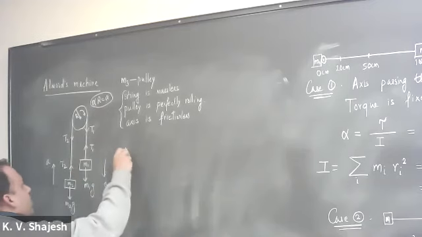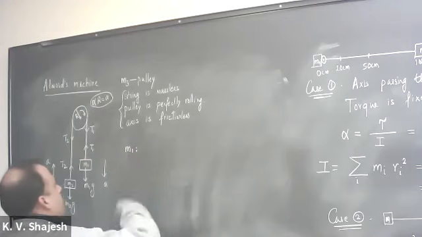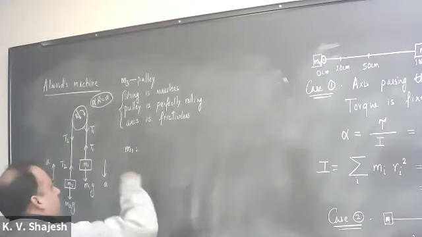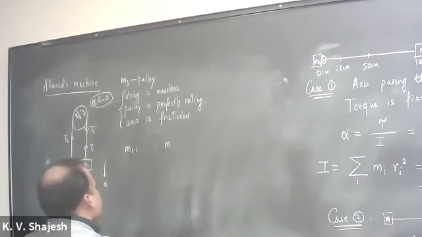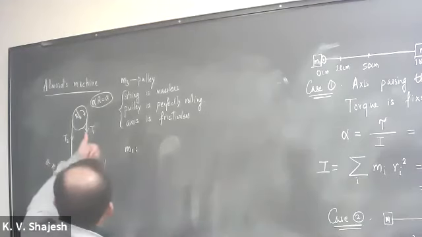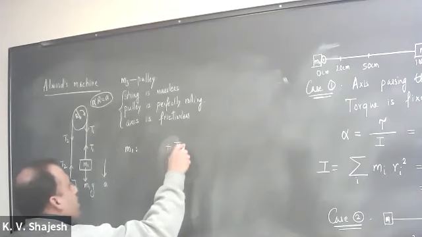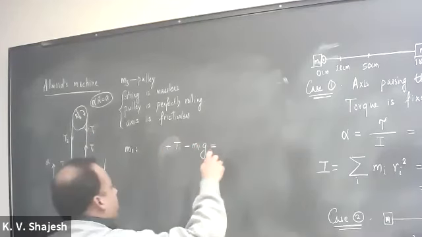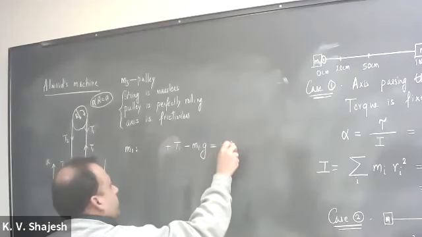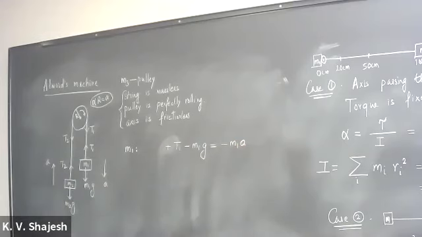Let's begin with M1. What is the force equation for M1? That's going down. We have been consistently using top as plus, so it is plus T1 minus M1G is equal to minus M1A, where I've introduced the idea that acceleration is downward, since it is going down.